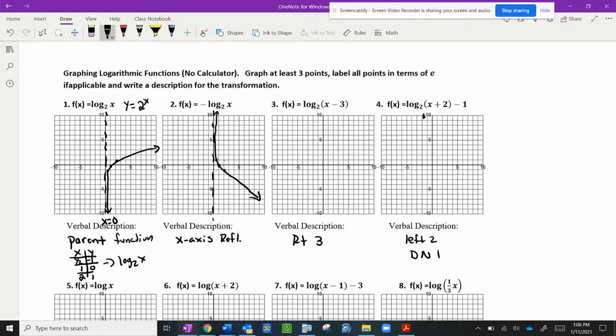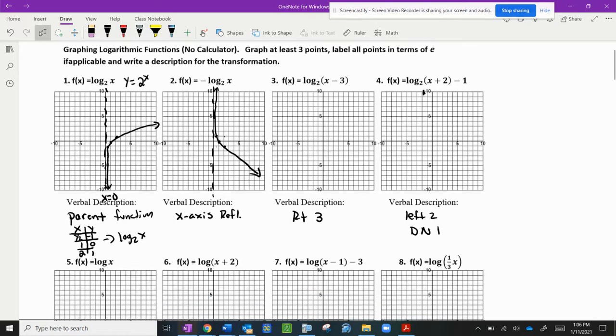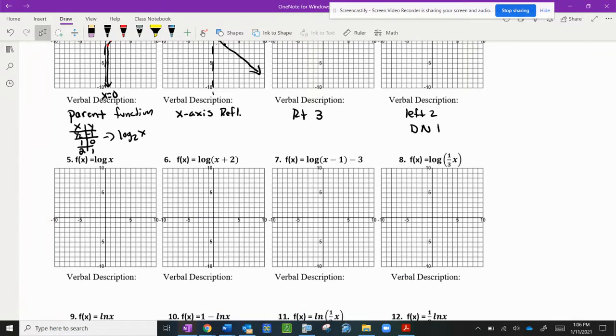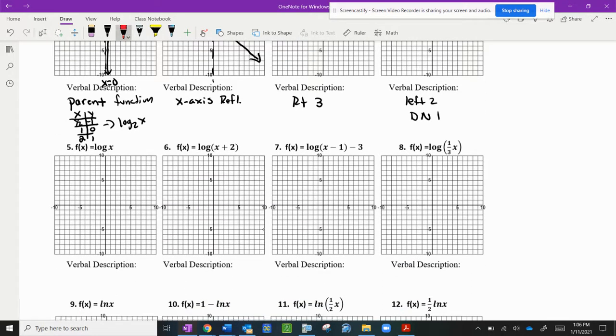Okay. And so you're going to move on and do that with right 3 and push those same 3 parent function points. And on all of these, this is log base 10. So you're going to work with the exponential 10 to the x. And don't forget you have stuff like this. You might want to remember that this is a horizontal stretch by 3.